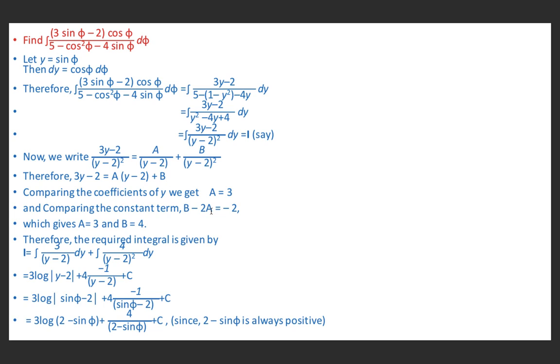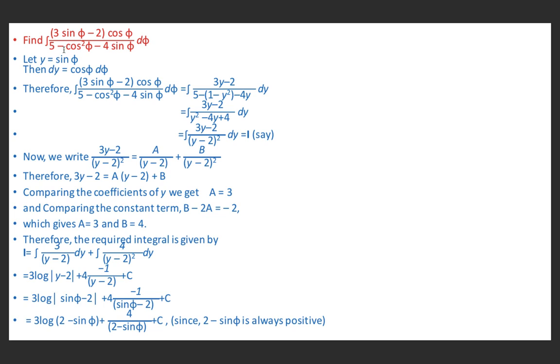So b minus 2a equal to minus 2. A is 3, which we have obtained already. If you substitute a equal to 3 here, so it is minus 6. If you shift to this side, minus 2 plus 6, which is 4. So b is 4. So it means a equal to 3 and b equal to 4.